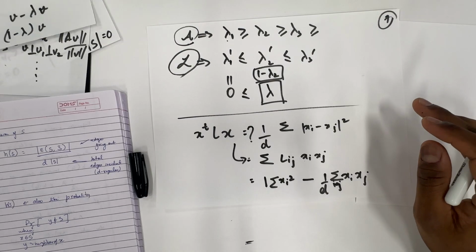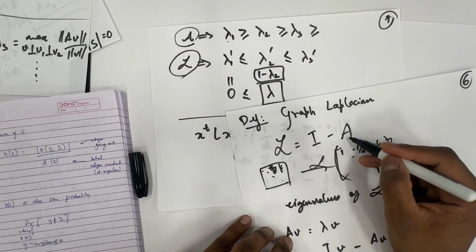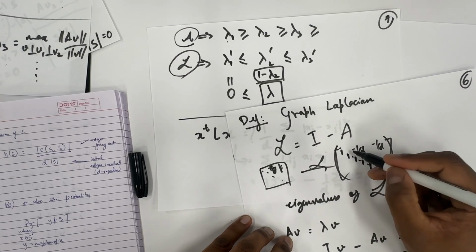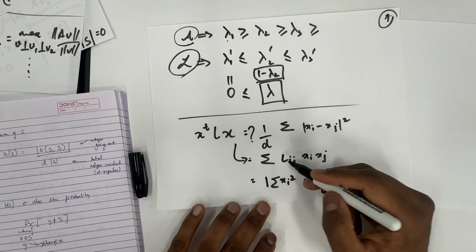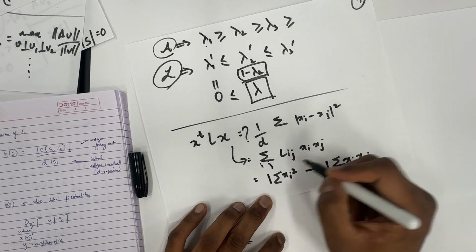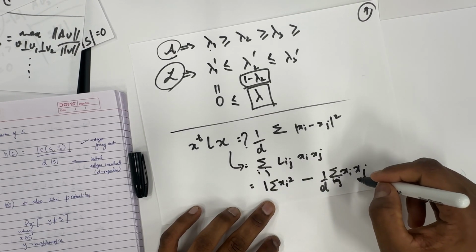Let me pull up the Laplacian definition. Because I did identity minus A, all of the entries on the diagonal are 1, and everywhere there is an edge is minus 1 over d. So it allows me to split this sum over all i and all j into two, where Lij is 1: xi squared, minus 1 over d xi xj.